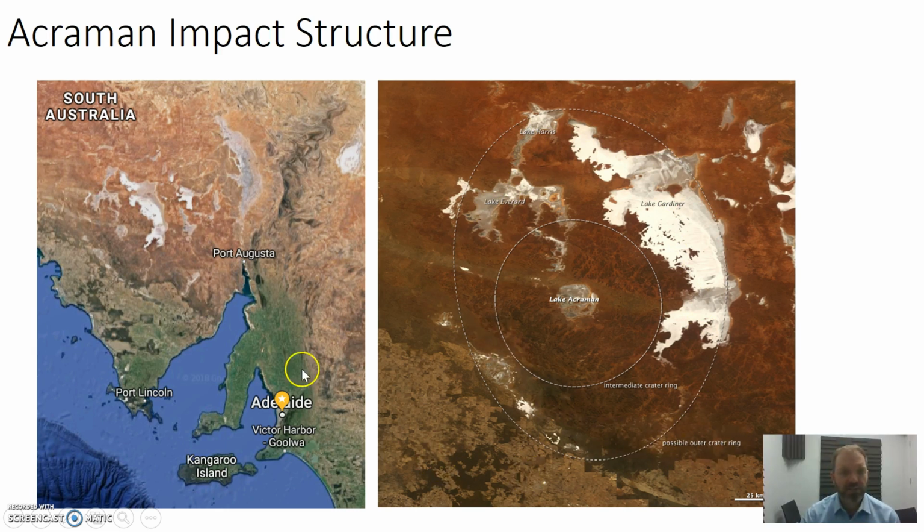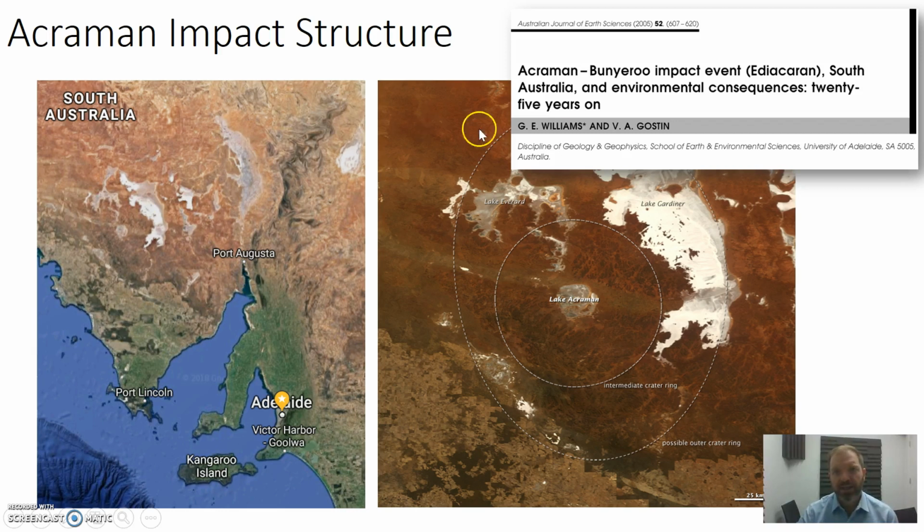So it's really remarkable to think that we have in our outback here a sign of an impact that happened 600 million years ago and may have caused huge biological changes in not just the Australian environment but in the environment around the world to drive forward evolution.